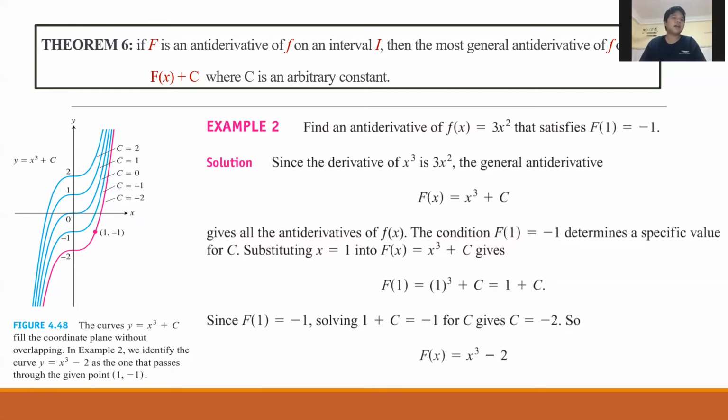Now let's see figure 4.48. The curves represent y equals x cubed plus C in the coordinate plane without overlapping. In example 2, we identify the curve y equals x cubed minus 2 as the one that passes through the given point (1, minus 1).